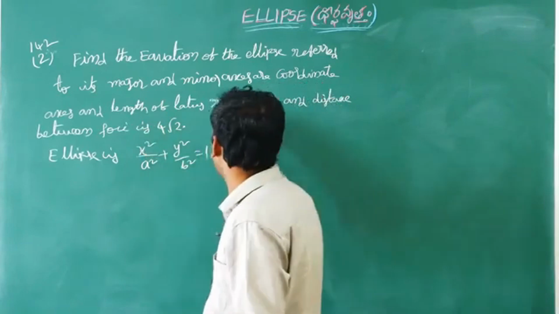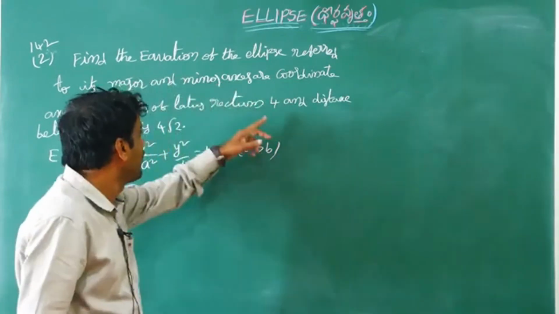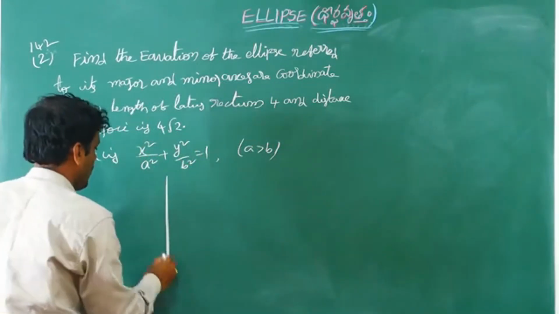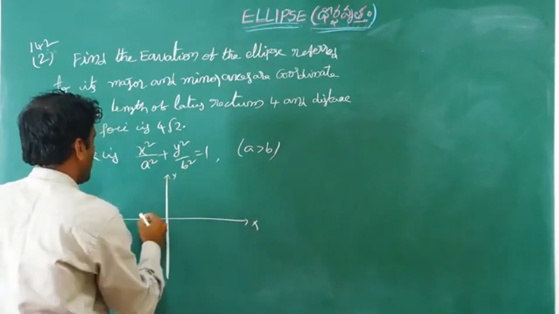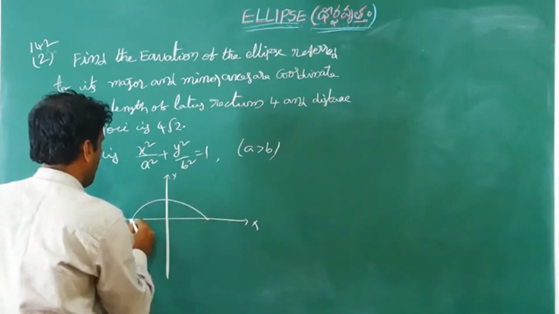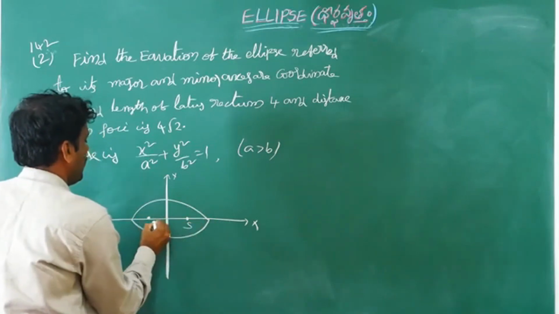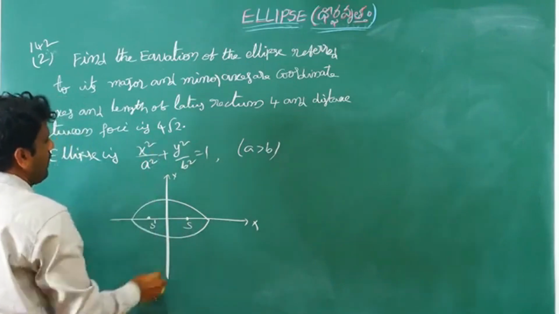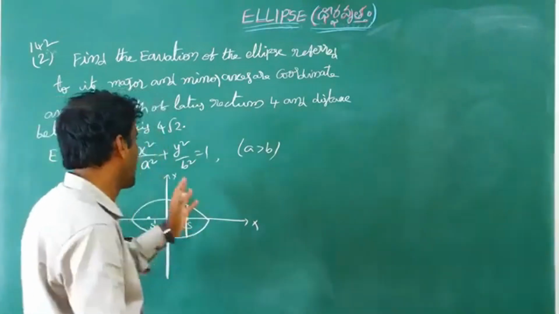Length of latus rectum 4 and distance between foci, x axis y axis, standard form. Distance between foci is 4 root 2, length of latus rectum is 4, a greater than b case.